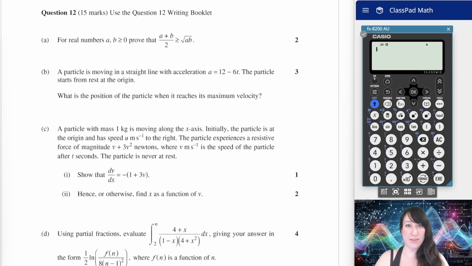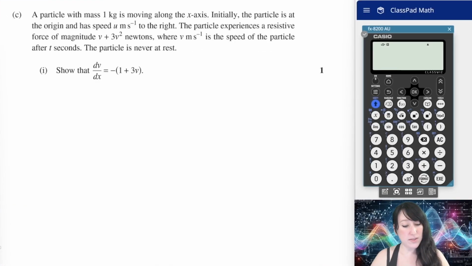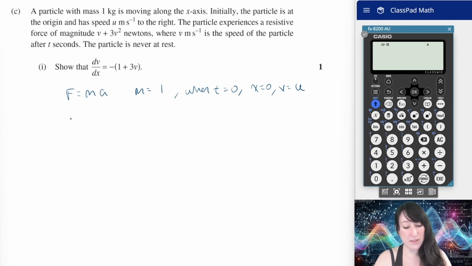1 plus 3v. Okay, so with questions like this, we need to start with acceleration. So in this case, our acceleration is due to the resistive force.